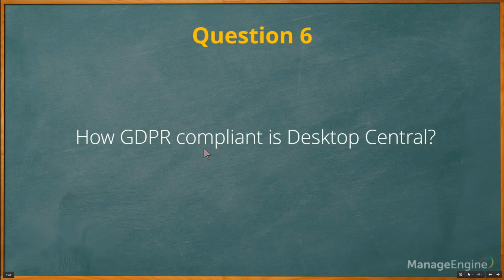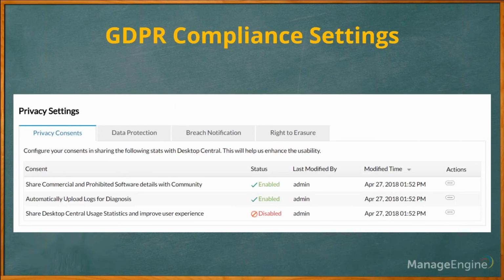How GDPR compliant is Desktop Central? Now, we have a team exclusively working on GDPR, and we have come up with a feature where the admin or the respective user will be given an option to mask any PII, which is personally identifiable information. So it will be able to mask that information while using the export button or also in the scheduled reports.